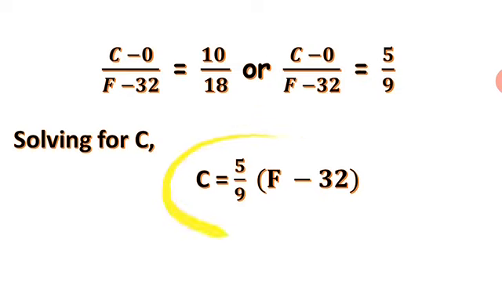This is the formula if we want to convert Fahrenheit into Celsius. But if you want to convert Celsius to Fahrenheit, then substitute the value of Celsius into this one, then solve.